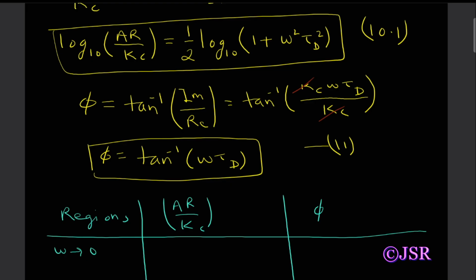So it means AR by Kc will approach 1 and phi will approach tan inverse 0. So phi 0 will be equal to tan inverse 0, and that will be equal to 0 degree.